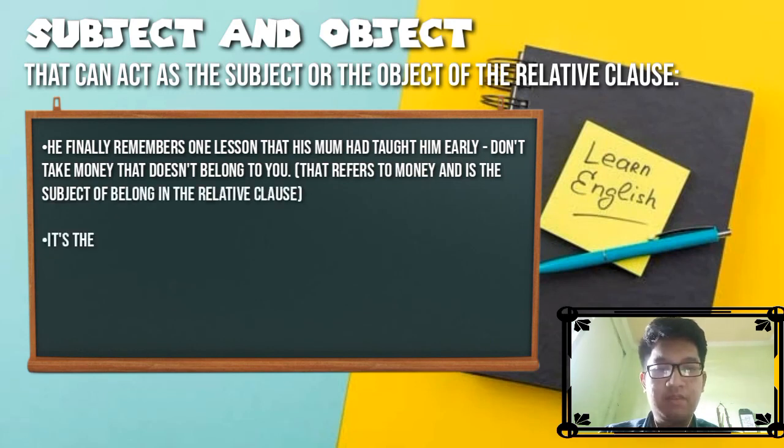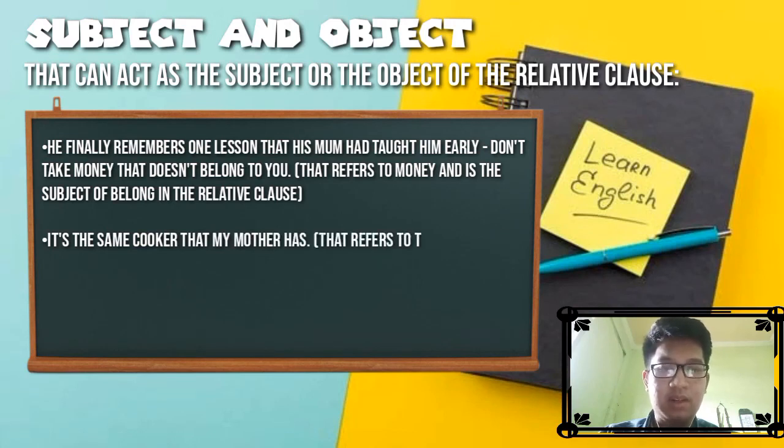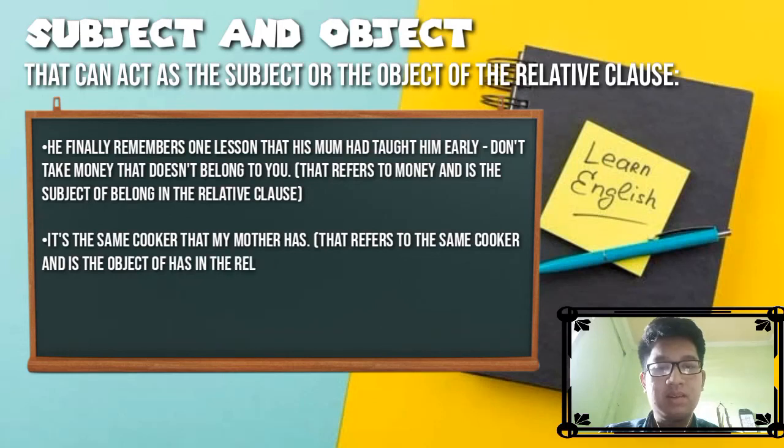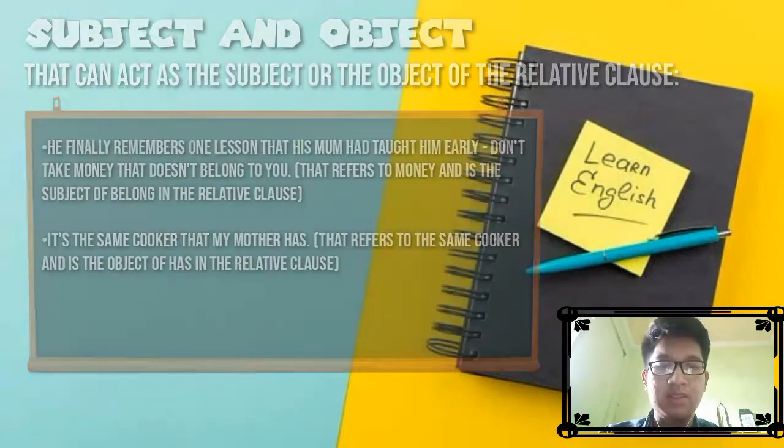This refers to money and is the subject of belong in the relative clause. It is the same cooker that my mother has. This refers to the same cooker and is the object of has in the relative clause.